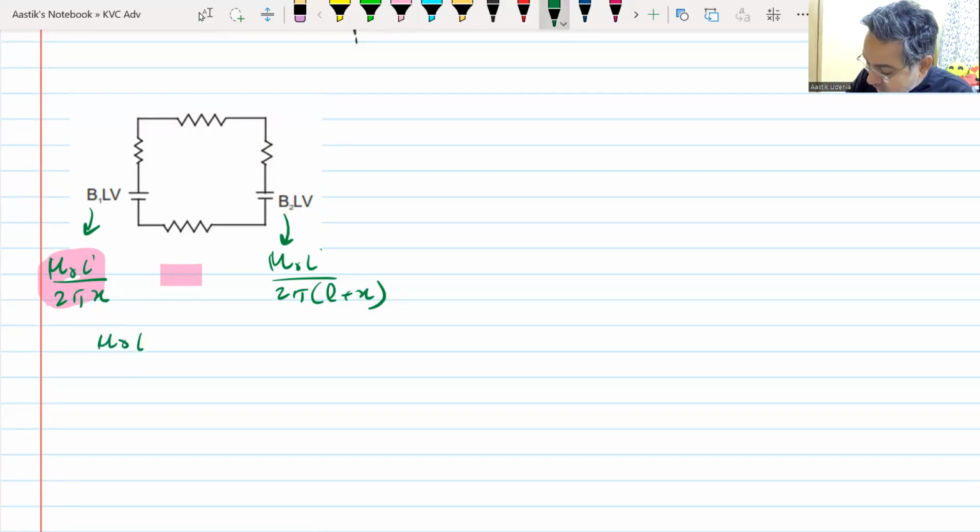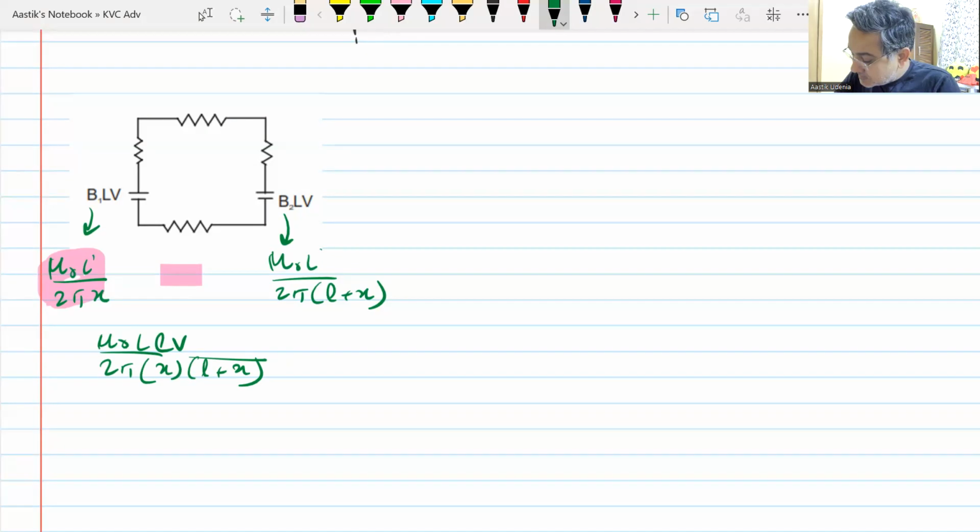Mu naught I by 2 pi into x into L plus x. And on the top, L will remain. Yes or no? Yes. Into V into L, I think, right? VBL, right?